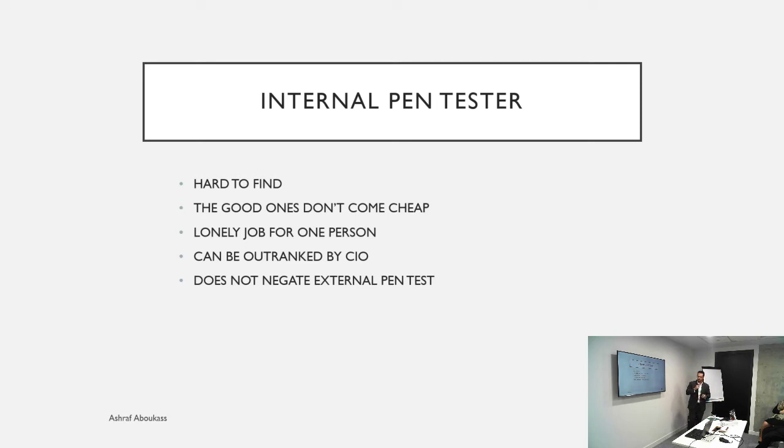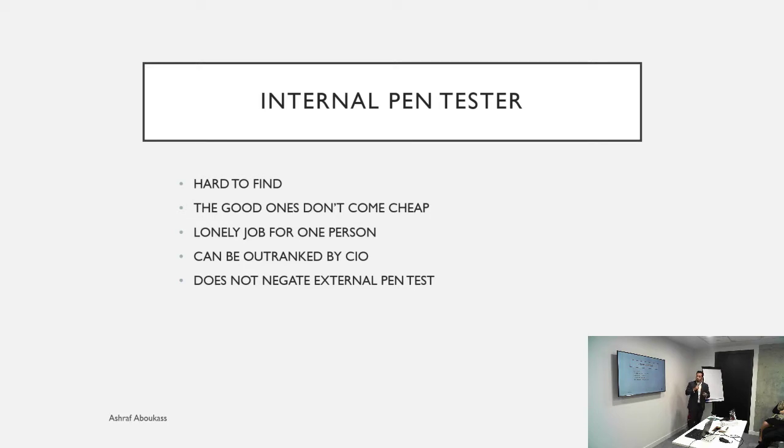And the worst thing is, even if you have an internal pen tester, they can quite easily get outranked by the CIO, because typically they've been paid by the CIO or CTO, and they're actually marking their boss's homework. So it's a tough one. So a good idea, if you're not under the CIO, CTO, maybe you're under risk, maybe you're under finance, probably more effective. And you actually still need an external pen test for that external validation.